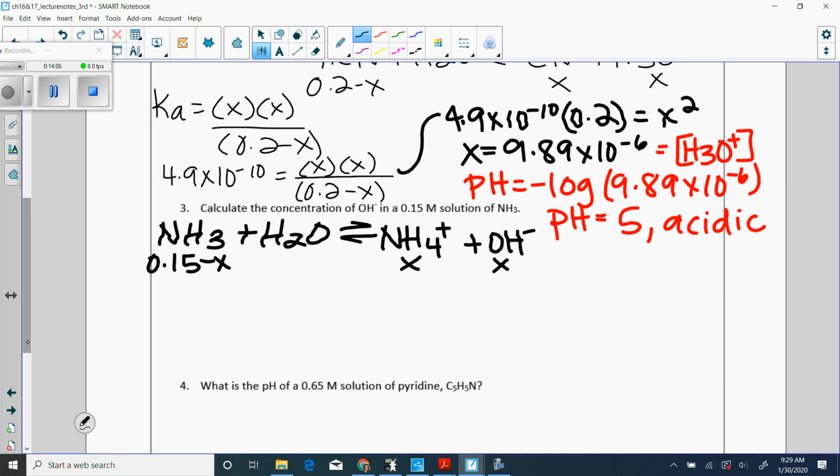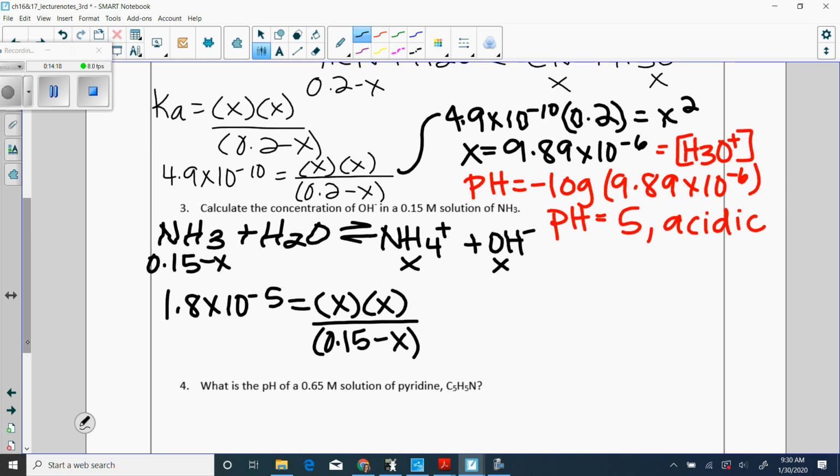I think it's 1.8 times 10 to the -5. Go ahead and solve for x. We can use the rule that we can ignore that bottom x because it's going to end up being the same thing anyways. And it just turns into a square root problem.